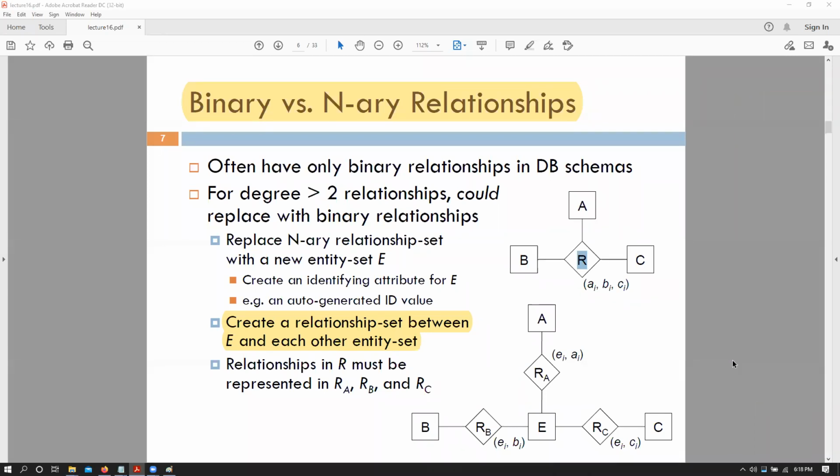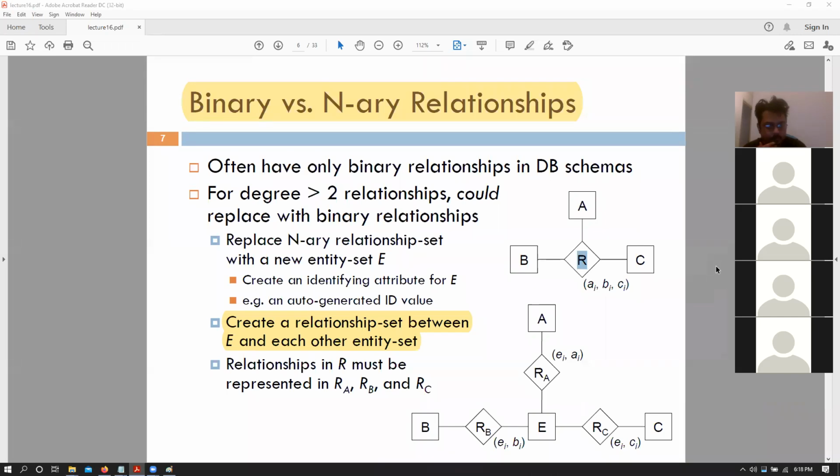Right? Because it's a many to many relationship, all of the entity sets that are part of the relationship, all of those primary keys would be their foreign keys. So yes, Jordan is correct. A, B, and C all together would be the primary key.